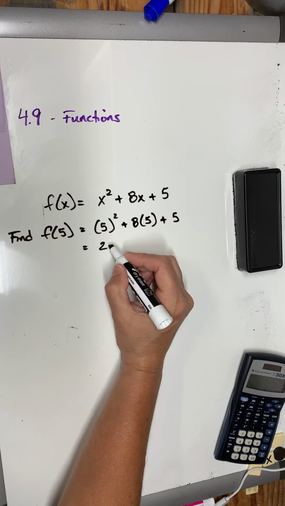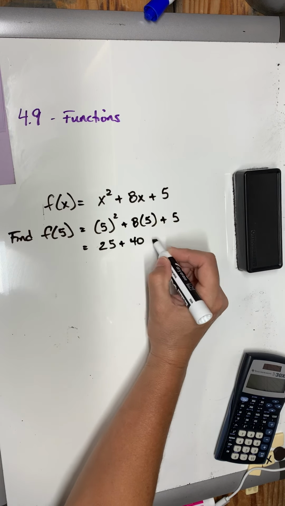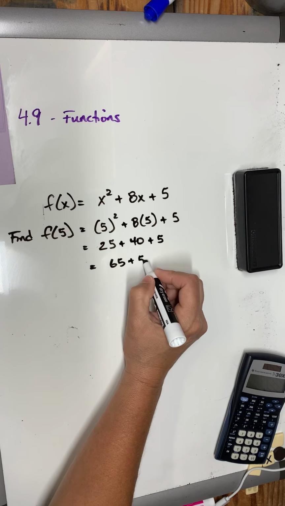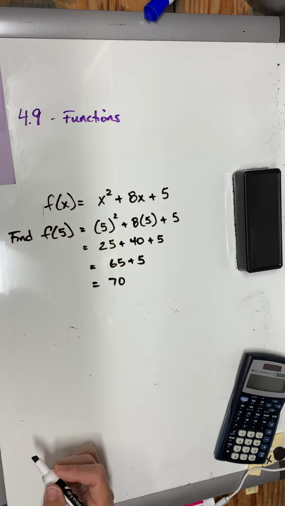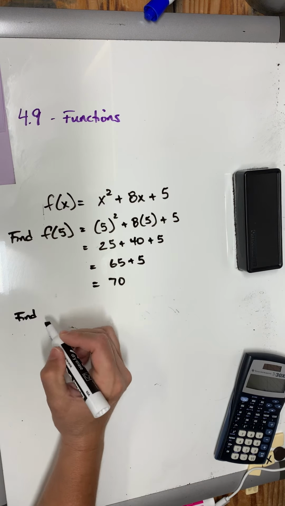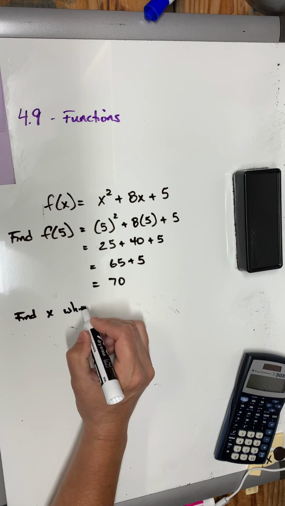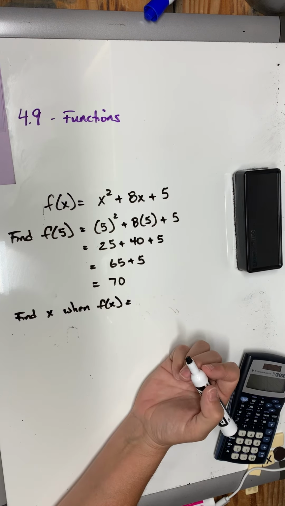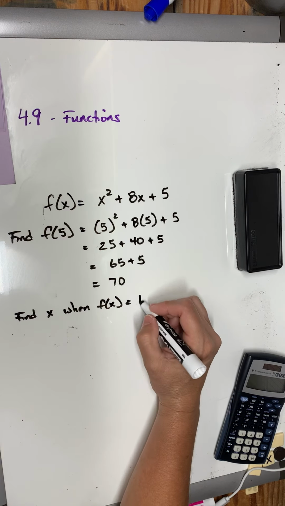So I get 25 plus 40 plus 5, which is 65 plus 5, which is 70. So that's the answer to the first part. But the second part says, just like in the previous problem, find x when f of x equals 14.